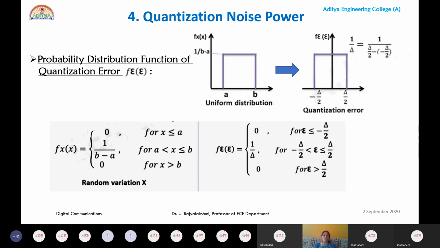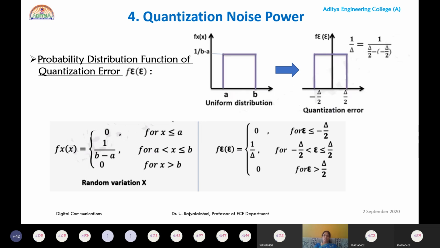Now please observe the equation shown here. Fx of x is a general equation. It equals 1 by b minus a whenever the x value lies between a and b. But whenever the error value lies between minus delta by 2 and plus delta by 2, the probability distribution function magnitude is 1 by delta.